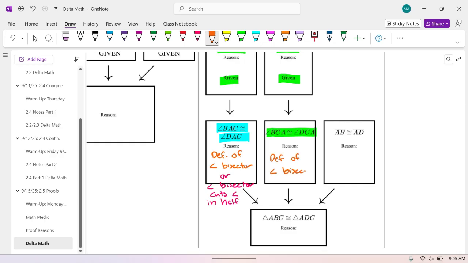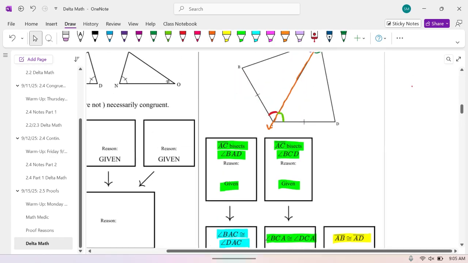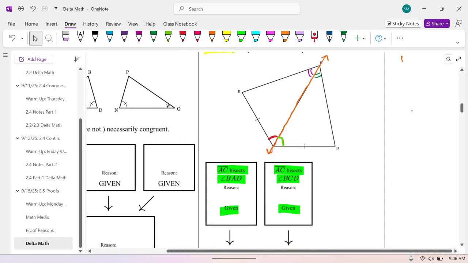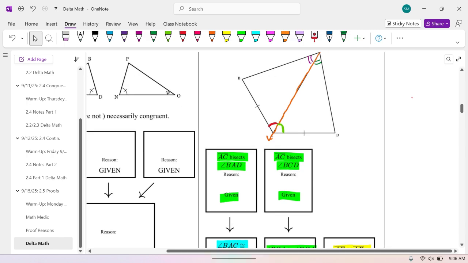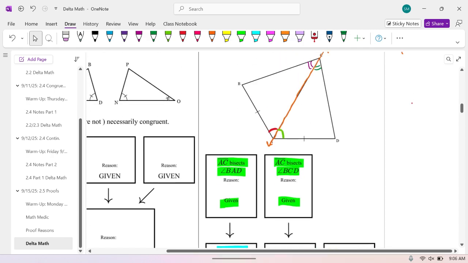This last statement did not come from our given, but we have enough information to conclude this. So we're saying that side AB is congruent to side AD.